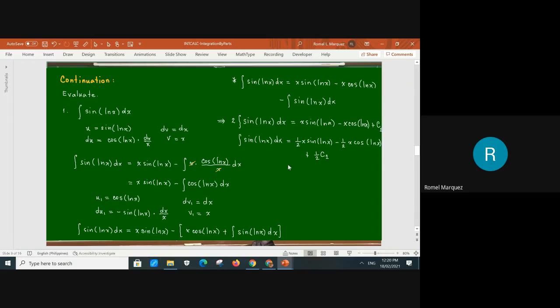Now, for simplicity, I can let this 1/2 c sub 1 simply be c. Then I will have 1/2 of x sine of ln x minus 1/2 x cosine of ln x, then plus c. Okay, guys? So that's the answer.